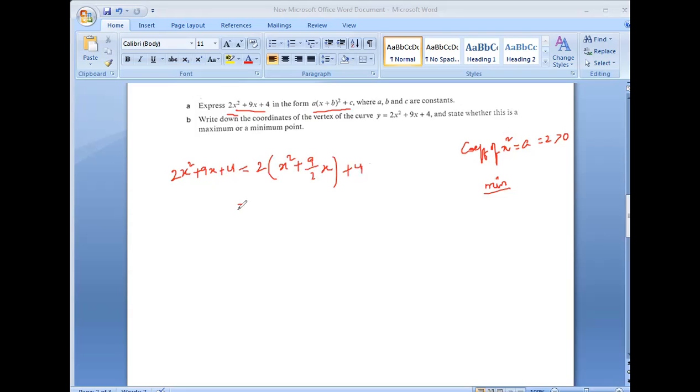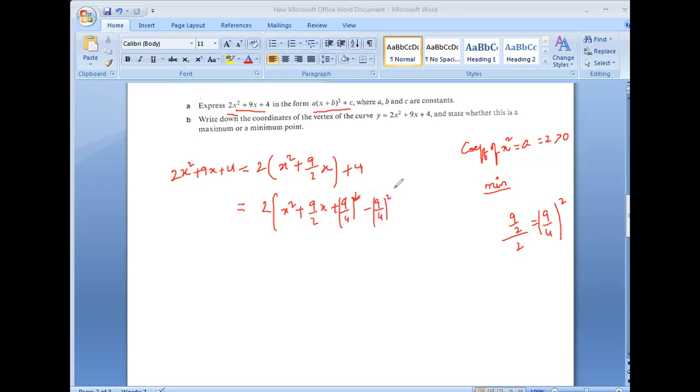Now we know very well how to do completing the square problems to make a perfect square. The coefficient of x is 9 by 2. Divide by 2, we get 9 by 4. Whatever value you get, take the square of that and add and subtract. So x square plus 9 by 2 x plus 9 by 4 whole square, minus 9 by 4 whole square.